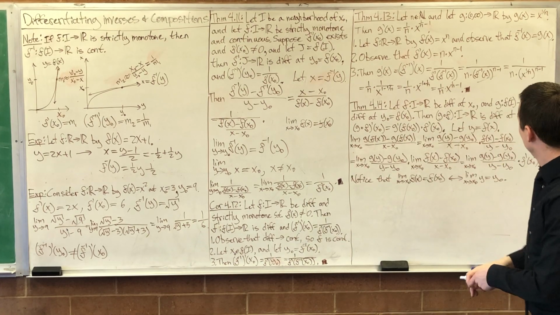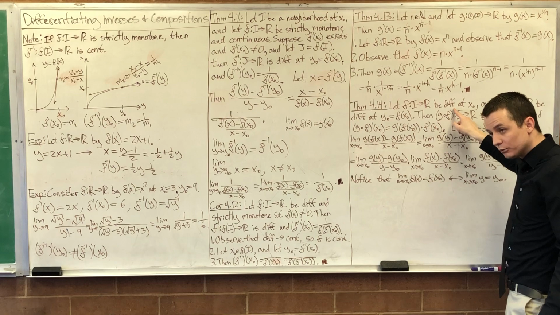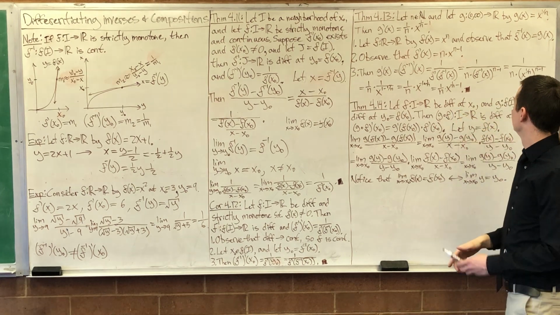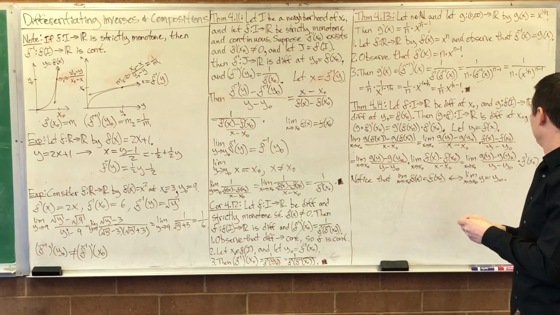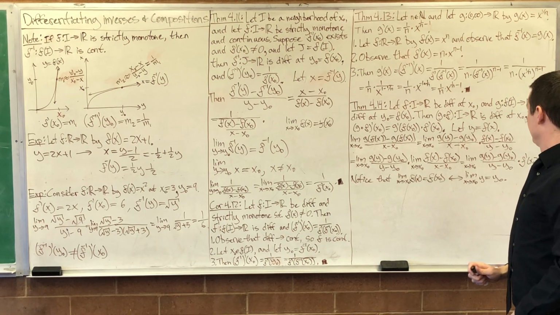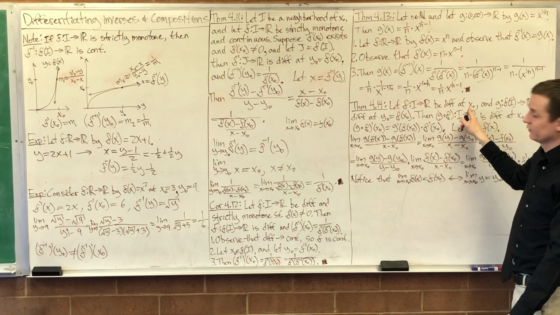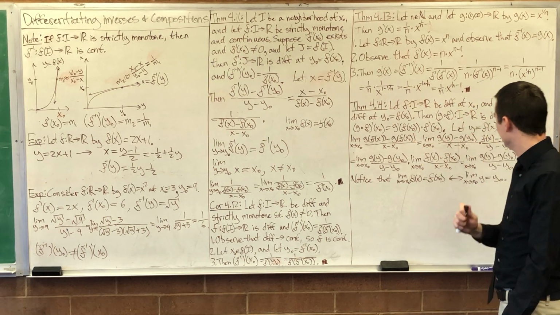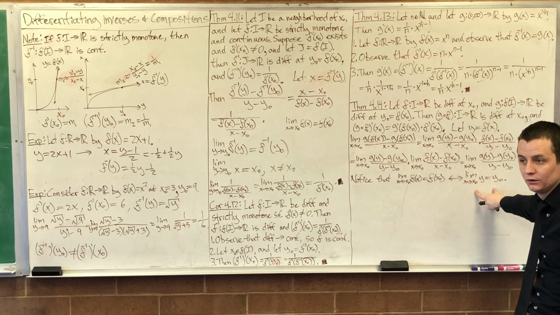How do we know that? We know that f is a differentiable function, and if it's differentiable, it's continuous. At that point, we know it's differentiable at x naught, therefore it's continuous at x naught. So that's how we know this. You with me?